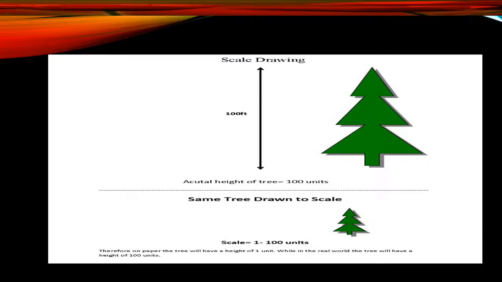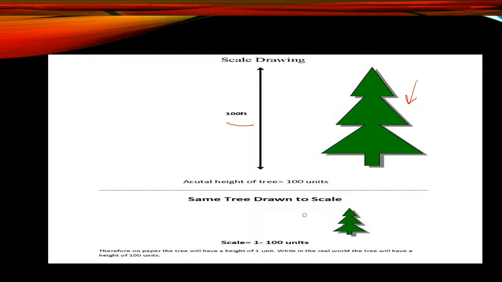An example of this: as you see, this is the original tree. The original tree is 100 feet high, so the actual height of the tree equals 100 units, or 100 feet. If we draw it to a scale, instead of the length 100 feet, we'll draw the length 1 millimeter or 1 unit.